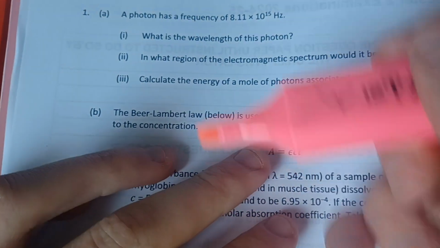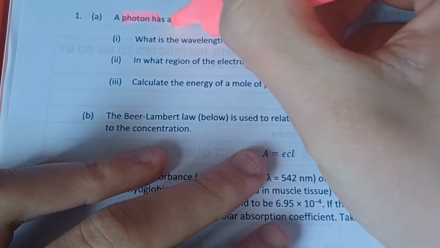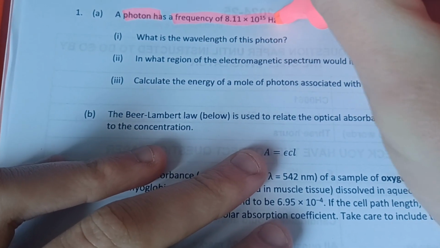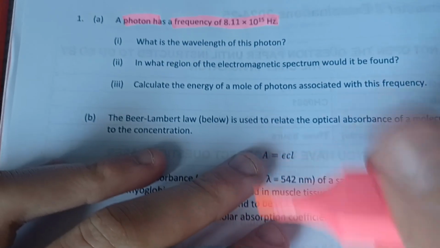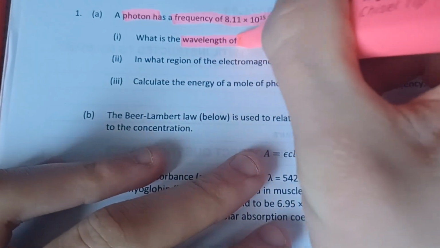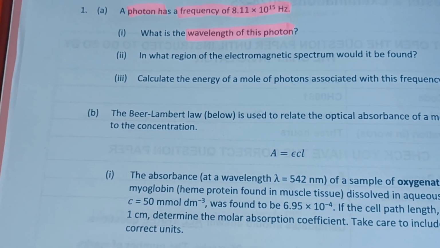So, question 1. A photon has a frequency of 8.1 times 10 to the 15 hertz. We need to find the wavelength of this photon. This is the physics side of chemistry.